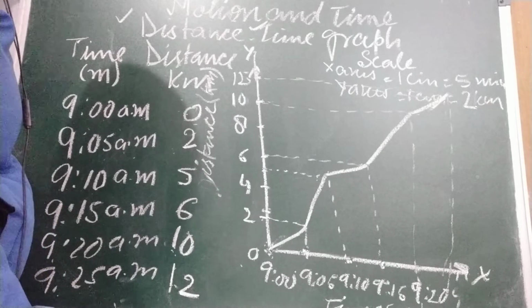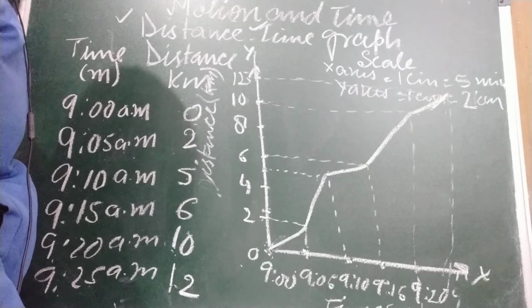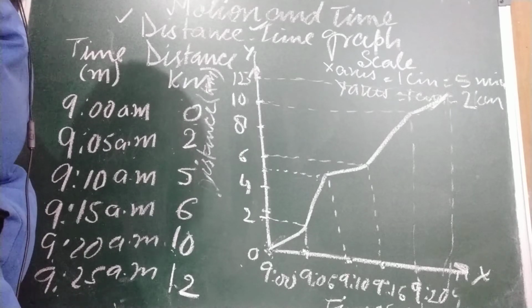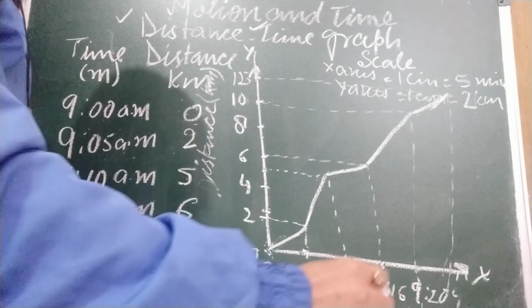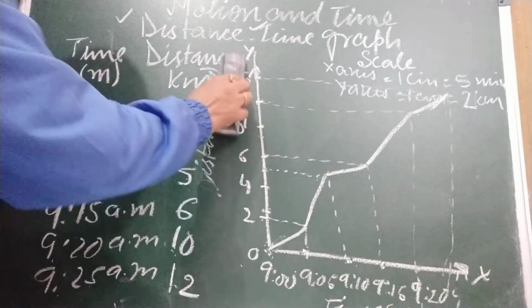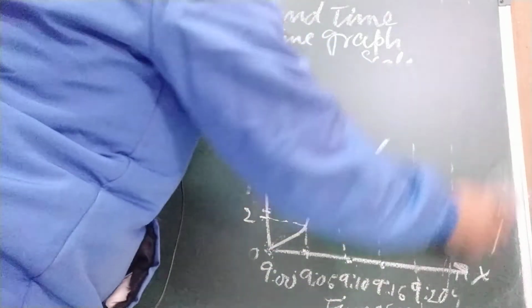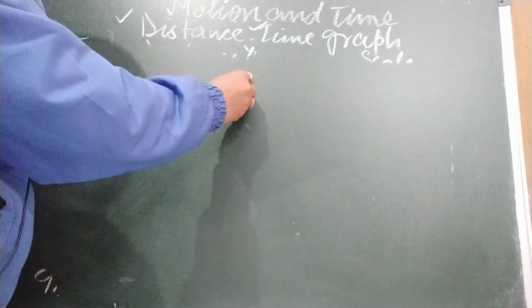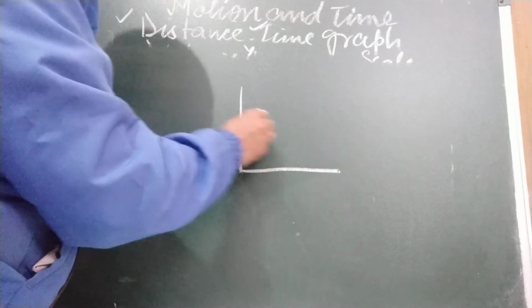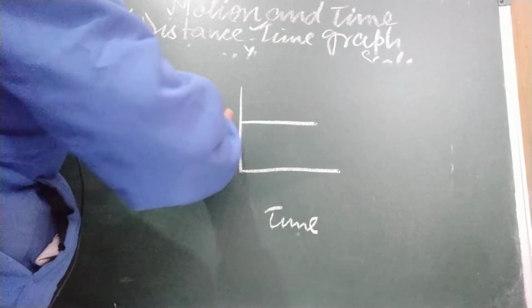So what do we say? A body is said to be in non-uniform motion if the speed or distance of the body does not remain constant. Okay, children? And a few more things I would like to tell you. Suppose the graph is like this, this is time, this is distance.